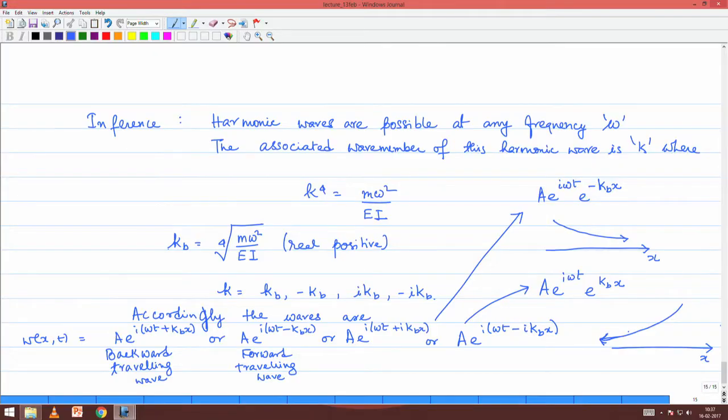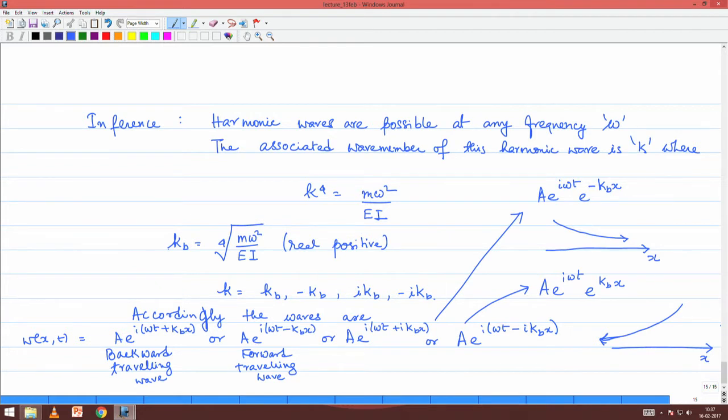We will always interpret the direction of travel as the direction of decay, at least for now. Otherwise, we may be misled to think that some waves are actually growing in amplitude as they travel, which is physically not plausible.